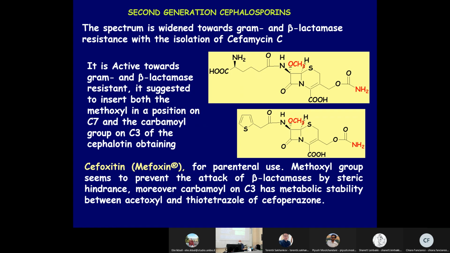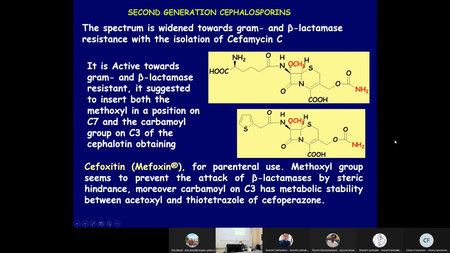So in this case, the scientists applied the same strategy, and on the backbone of the old cephalosporins, they introduced this methoxy group in alpha position. You see, under the plane, to increase the stability towards the beta-lactamases.